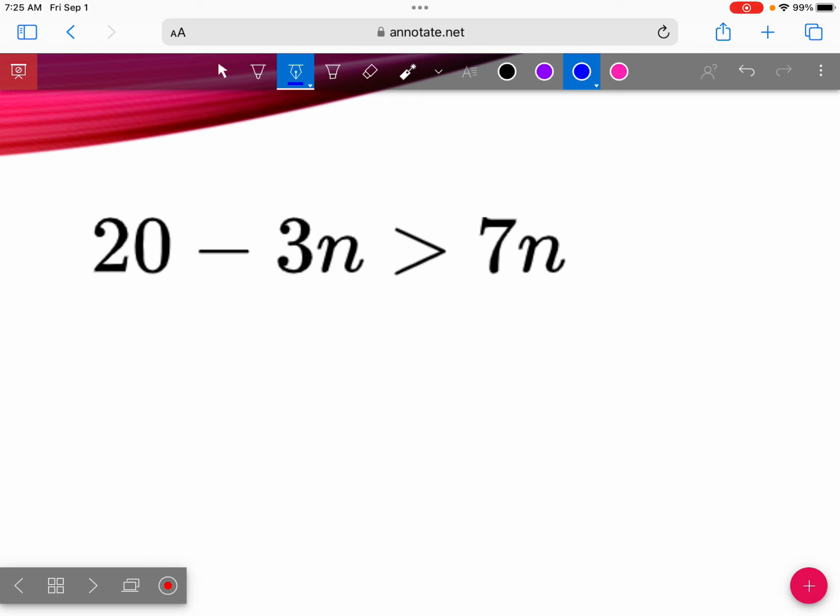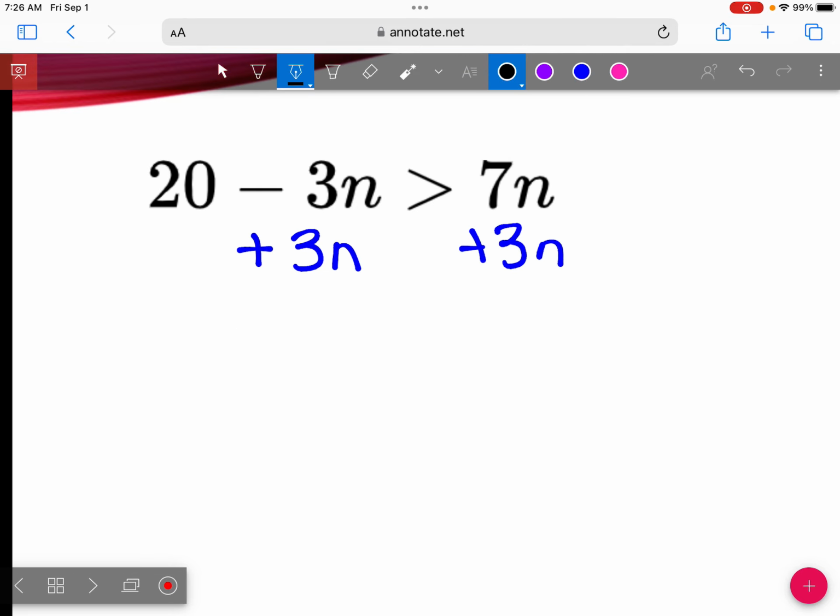Plus 3n. Let's get the n's together. I need these n's to go over there. So we're going to add 3n to both sides. So we're going to have 20 is greater than 10n.